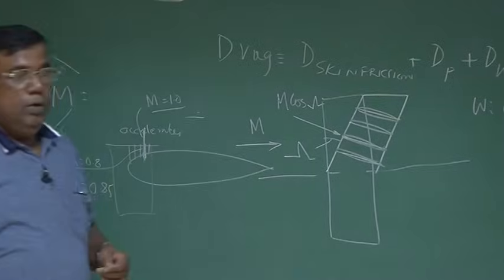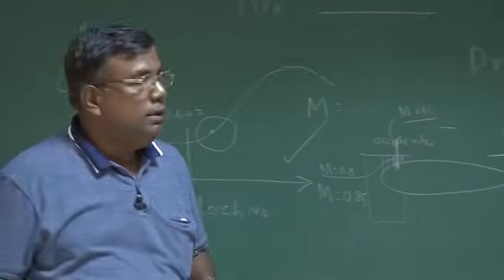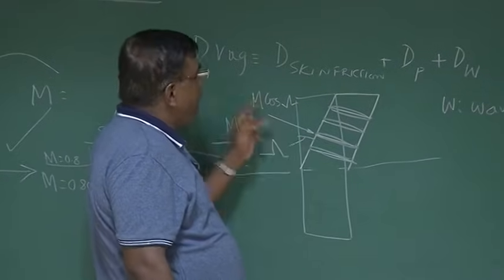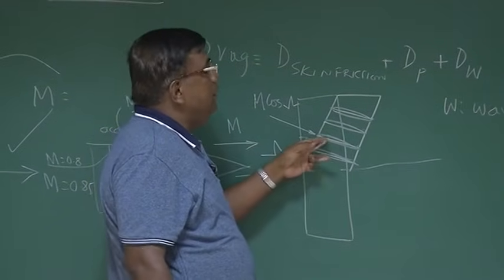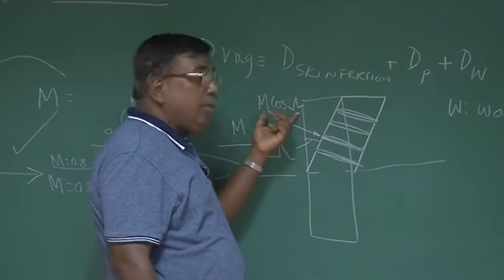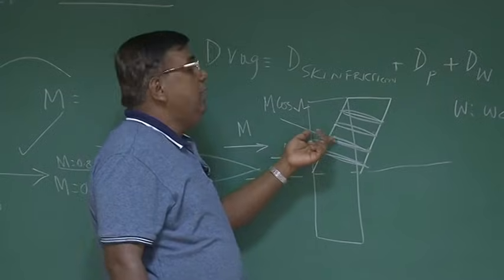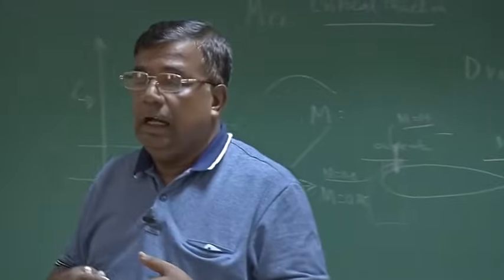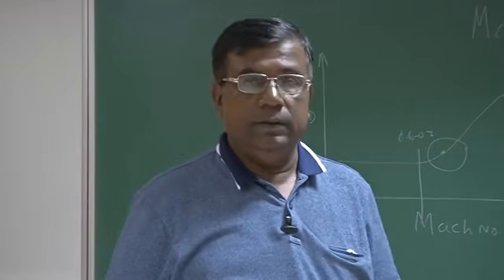But as I have told you, nothing comes free. The moment I give a sweep, since the normal component to the aerofoil is less than the free stream Mach number because it is M cos lambda, the lifting characteristics of the lift now generated will also reduce.